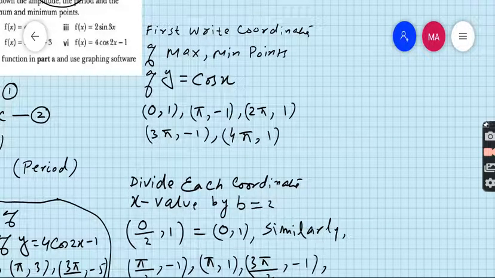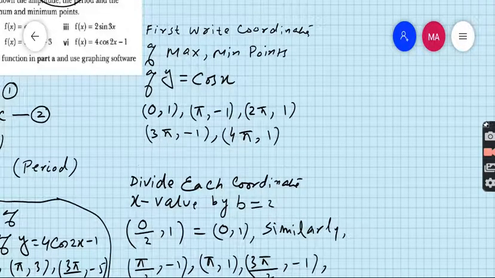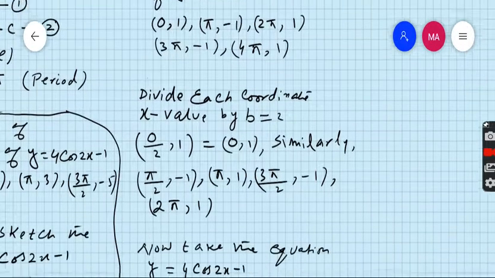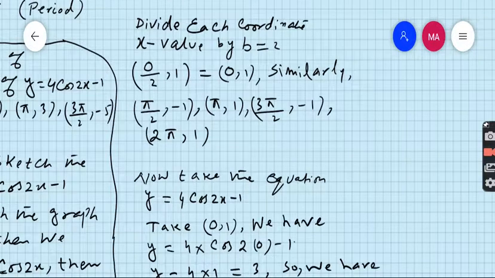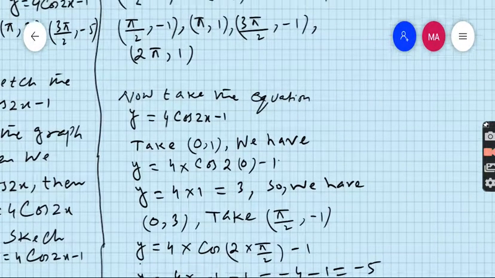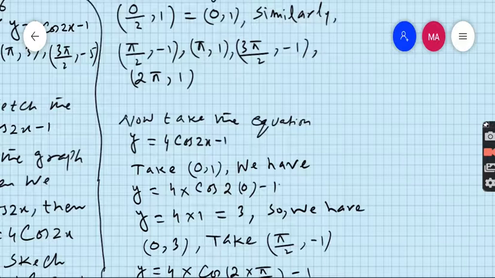So these are the x values, but this is not the final answer because the amplitude is 4 and our equation is 4 cos 2x minus 1. So we will change the y value as well. Our first value is 0 comma 1.